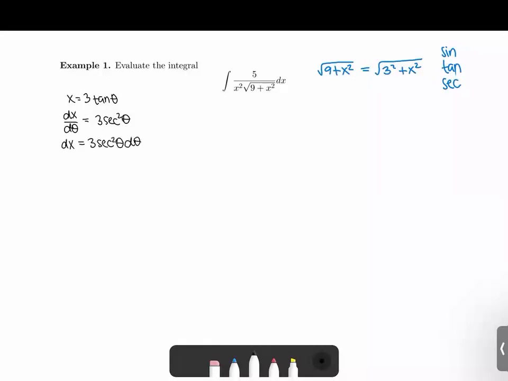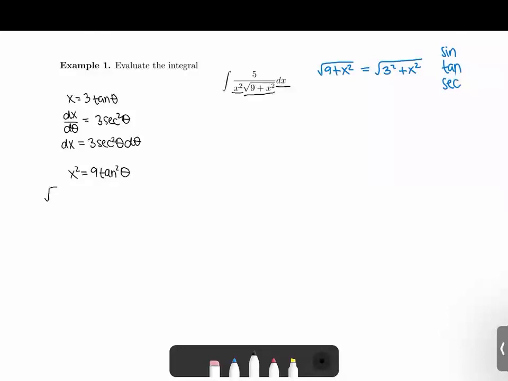Now I know how to rewrite my dx, and I know how to rewrite my x squared, because I just put in 3 tangent of theta, all squared. So my x squared is 9 tangent squared theta. To make it easier, I'm also going to rewrite that square root.